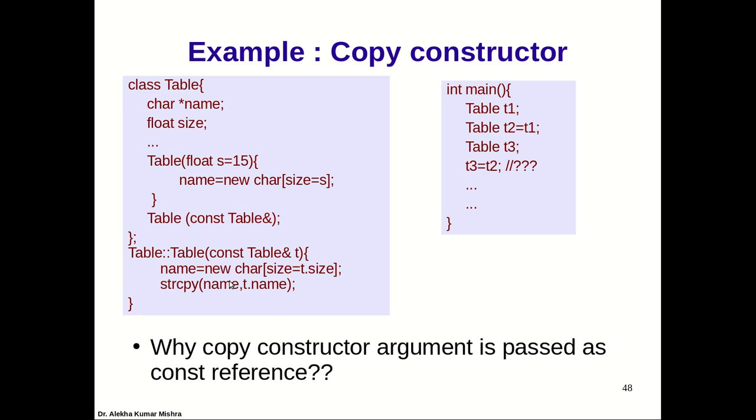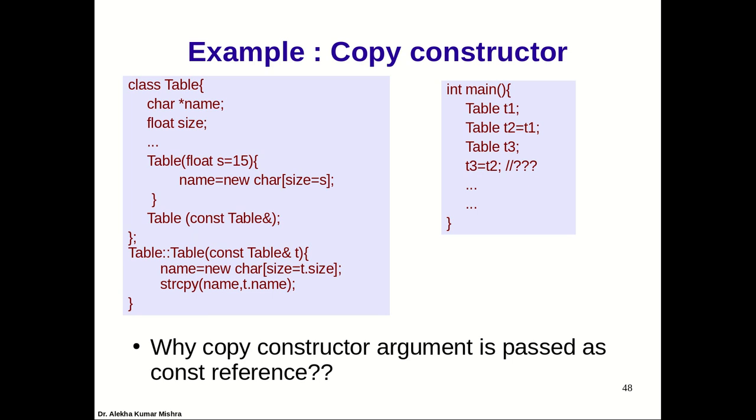So now it's not a bitwise copy. For every object, memory is allocated, so every pointer will point to different memory. It doesn't matter if any object is destroyed by the destructor, it is not going to affect the other one. This is the real benefit of the copy constructor when this kind of situation occurs.